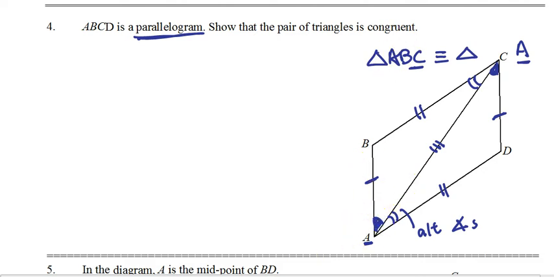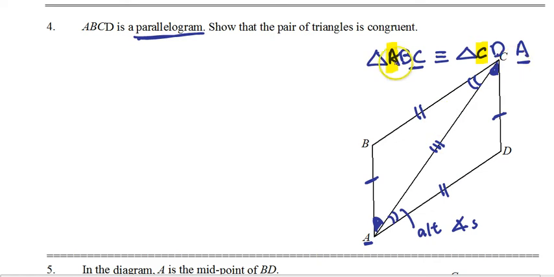So angle A in triangle ABC corresponds to point C in triangle ACD. So A corresponds to C. And then this leaves us with B and D corresponding. So we will be trying to prove that triangle ABC is congruent to triangle CDA.